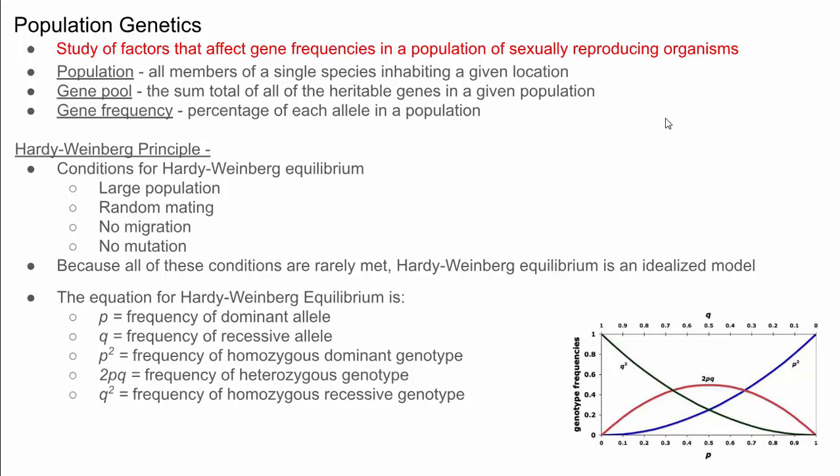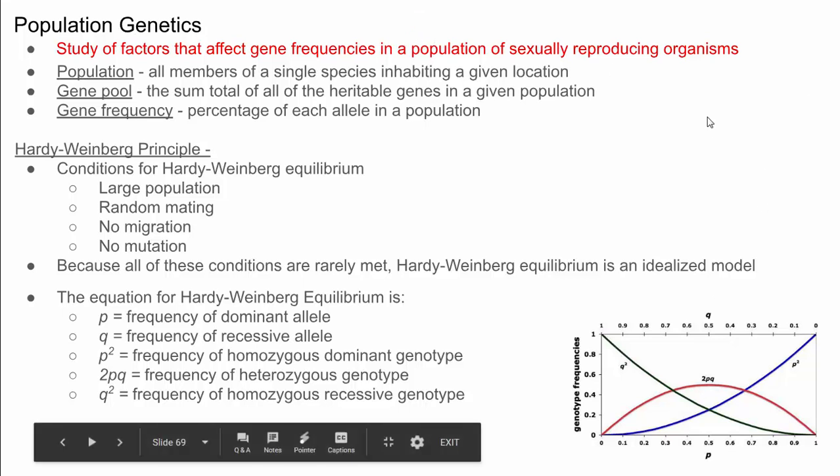When we talk about the gene pool, we're looking at all the various alleles within that population. And when we talk about gene frequency, we're asking how common a certain allele is within the gene pool of this population. One scientific principle commonly used in population genetics is the Hardy-Weinberg equilibrium, or the Hardy-Weinberg principle.